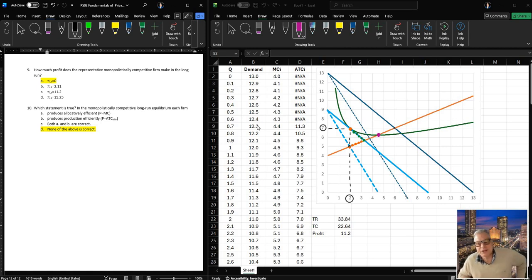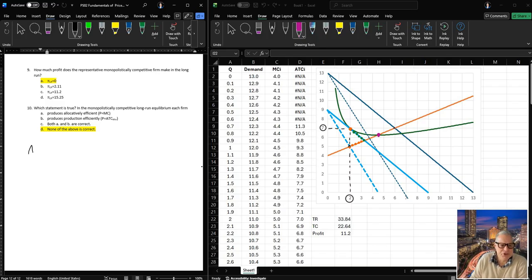Okay, so now we solved everything graphically, and that's perfectly fine. But just for completeness, I still want to derive everything algebraically. So obviously for the long run equilibrium, the key is to find the point where the slope of the ATC is equal to the slope of the demand function.